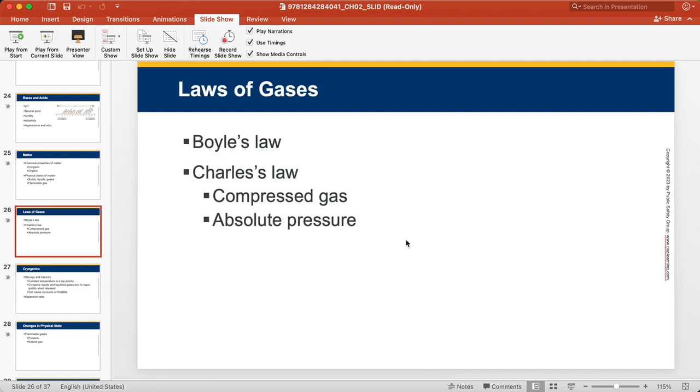So we've got Boyle's law, and then we've got Charles' law. Boyle's law is that you can compress gas and turn it into a liquid with pressure. That's how they move propane around. If anybody's filled up their barbecue bottle, you go to the local gas station, they hook that machine to it, and they pump it over.